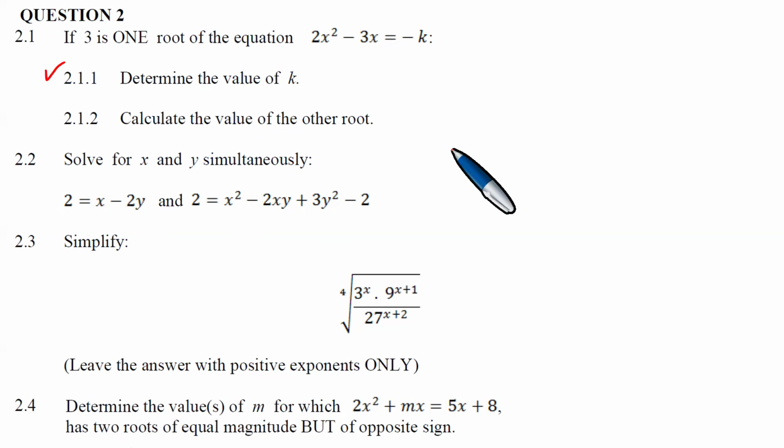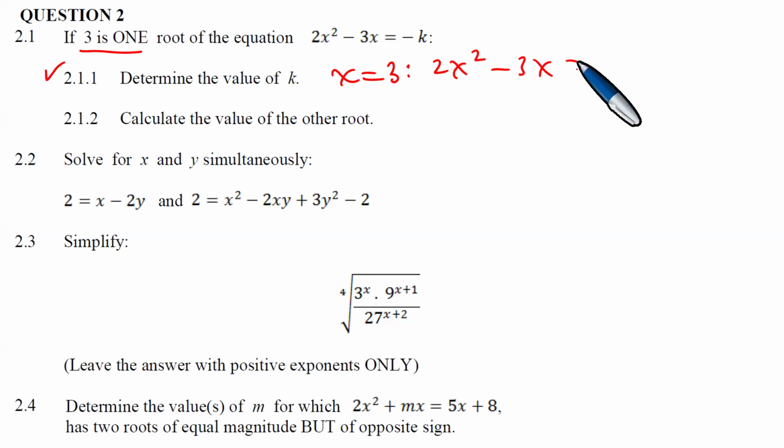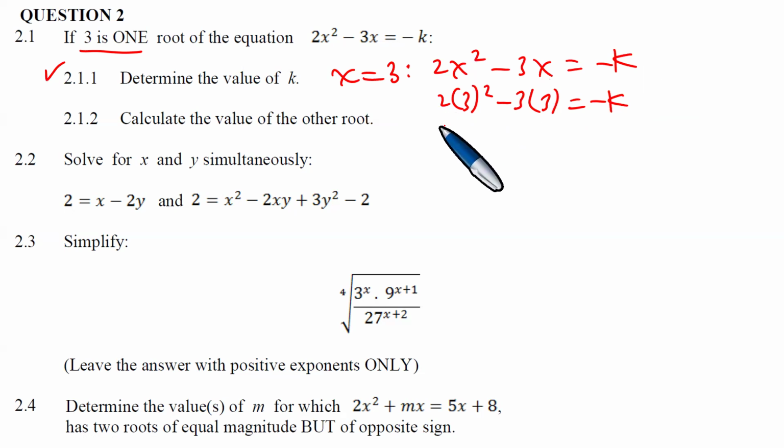Okay, good. But the fact that 3 is one root, what does it mean? It means that x equals 3. And obviously, if you have 2x squared minus 3x equals minus k, and x is 3, so you have 2 into 3 squared minus 3 times 3 equals minus k. Next, what do you do? 3 squared is 9. 2 times 9 is what?